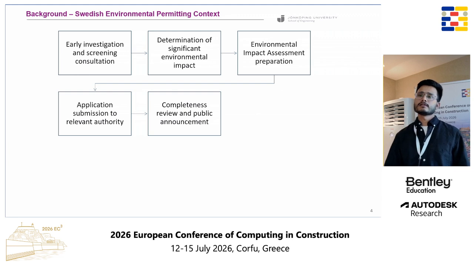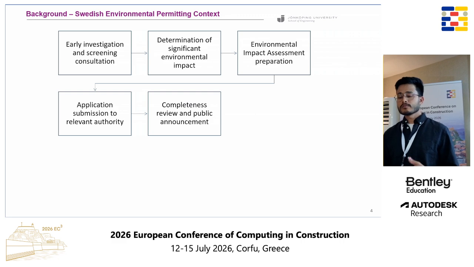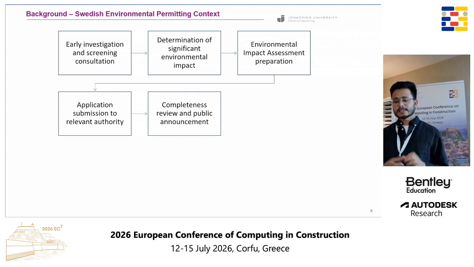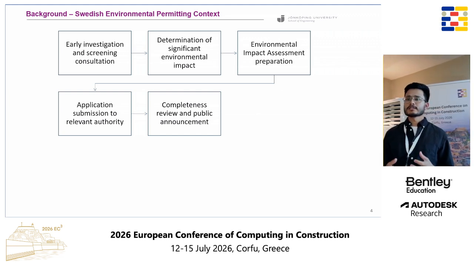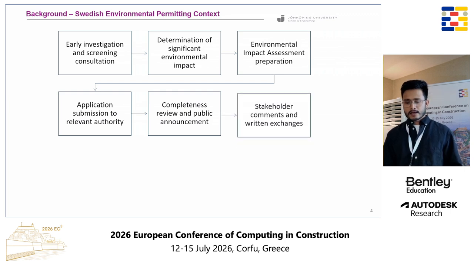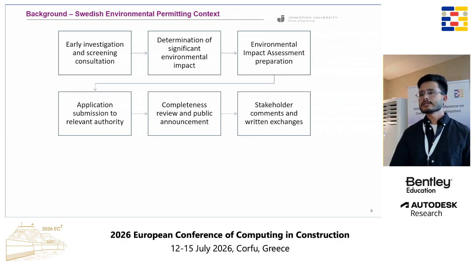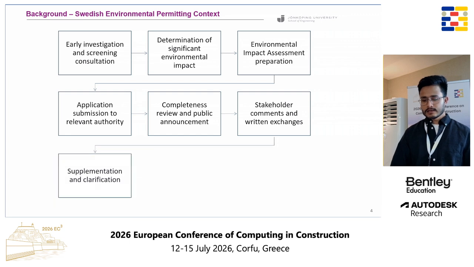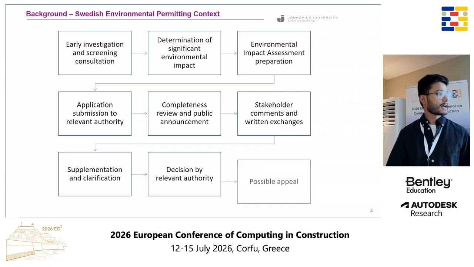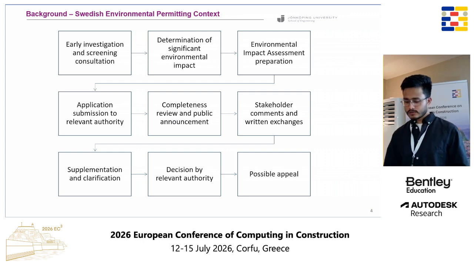Once the regulatory authority receives these documents, it goes into completeness review, where it distributes to different referral authorities. Once that is complete, it is published for public comments and exchanges. The applicant has to address comments with a written explanation. And then finally, the authority decides. And if any of the parties are not happy, then there is a way to appeal.